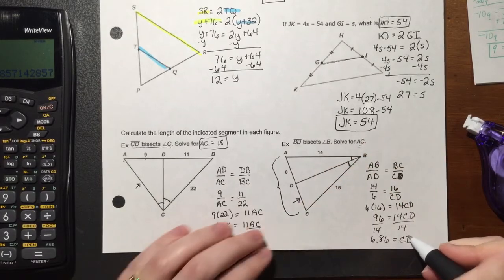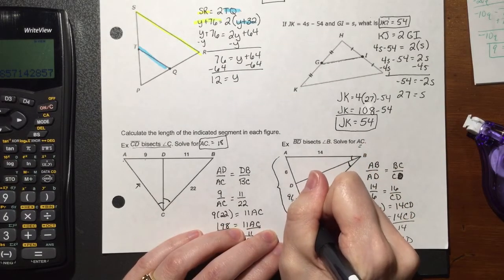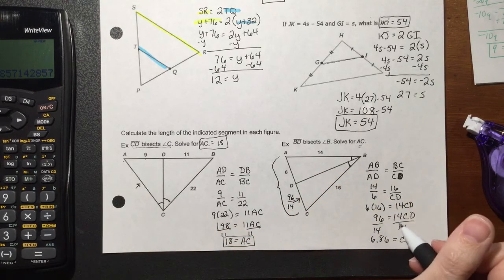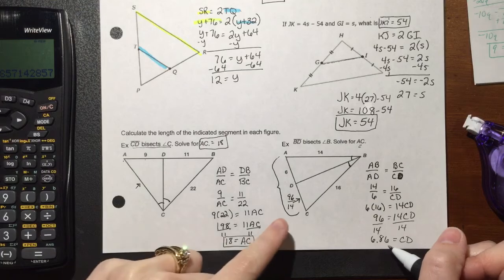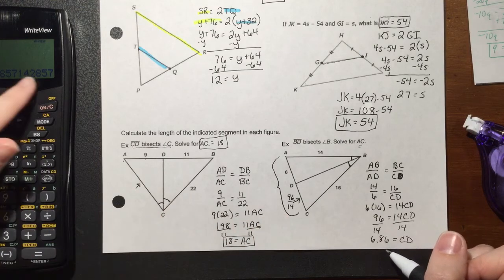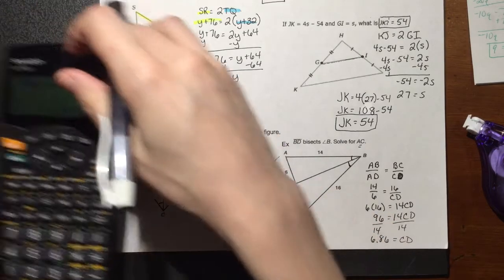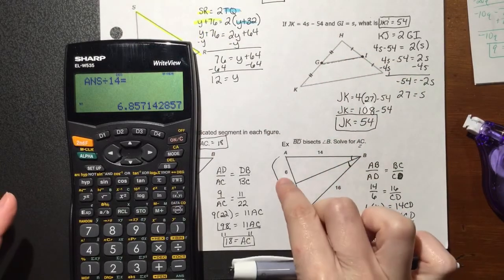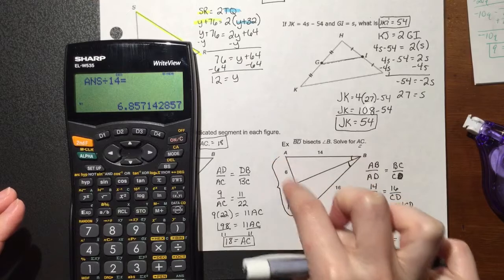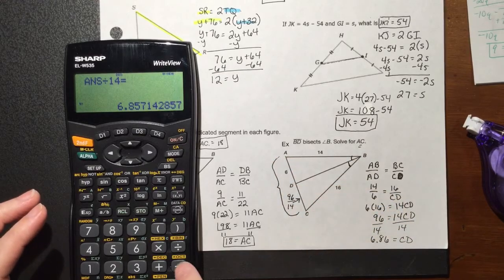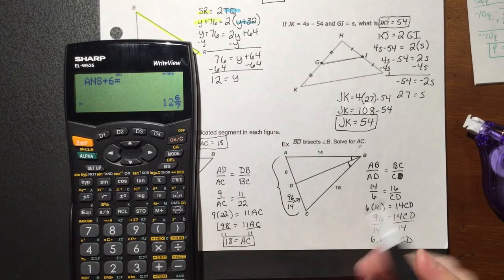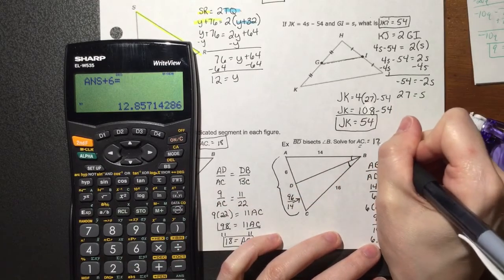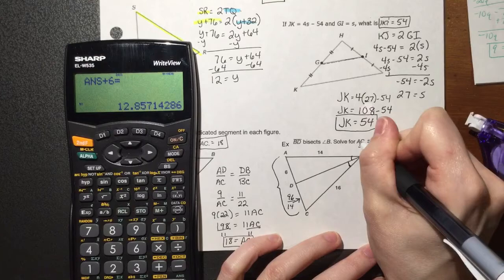So I'm going to put 96 over 14 just so that we have the whole value instead of the part. Or you could just take this right here, and while you have the answer in your calculator looking just like that, without hitting anything else, just go ahead and hit plus 6 to add in that whole part to get AC. And that'll give you AC is equal to 12.86.